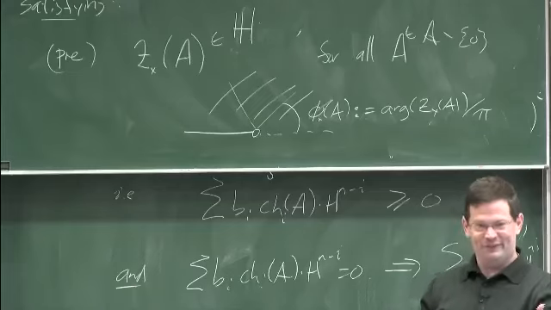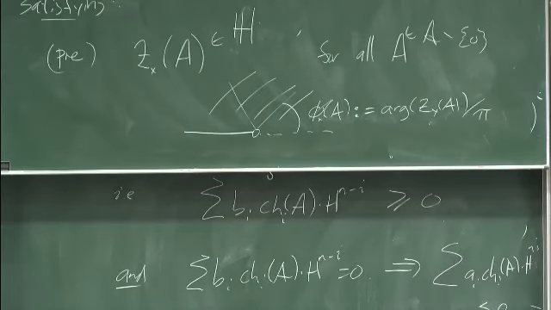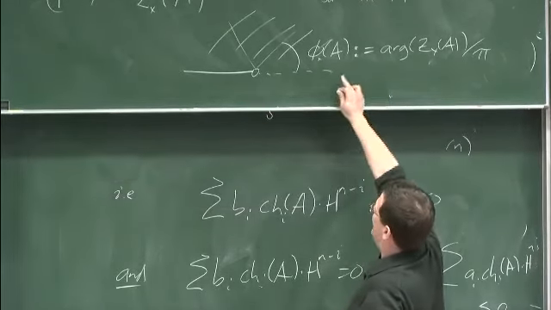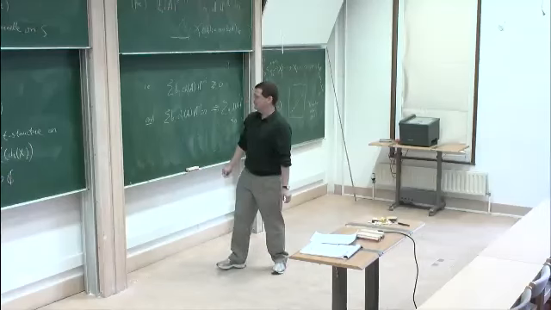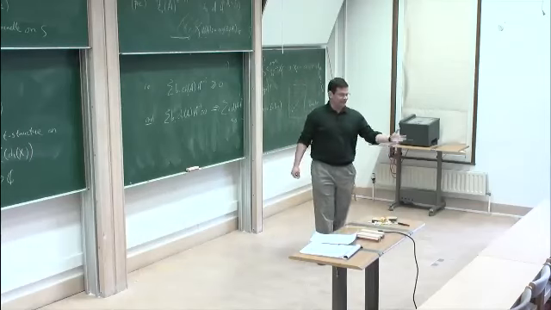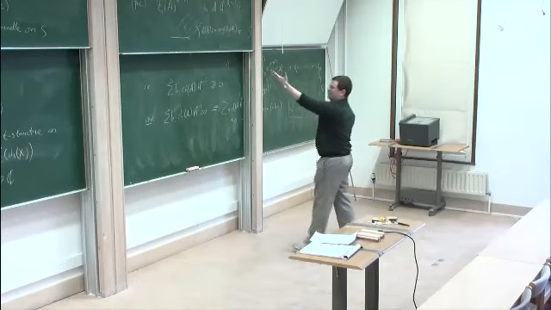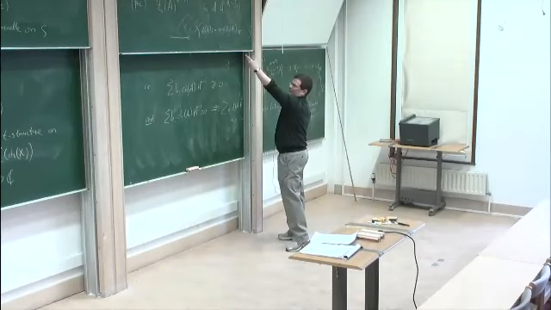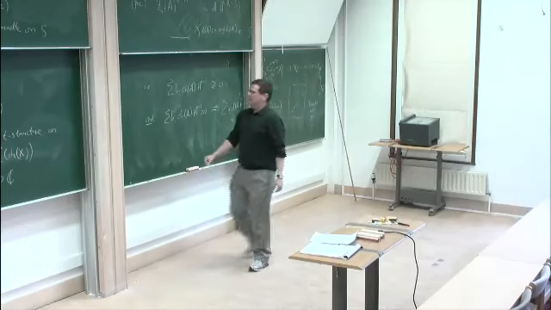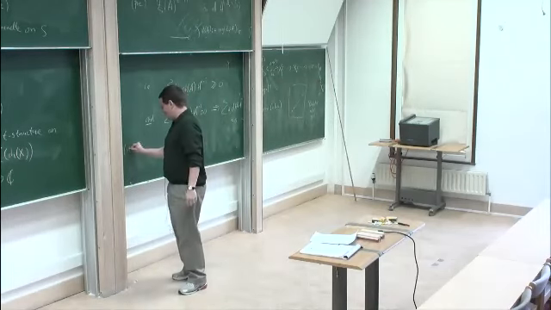You think of arg as going from 0 to pi, right? So we divide by pi to get a number going from 0 to 1, and use that to define stability in the usual way. As in the last talk, an object is stable if every sub-object has a smaller arg.